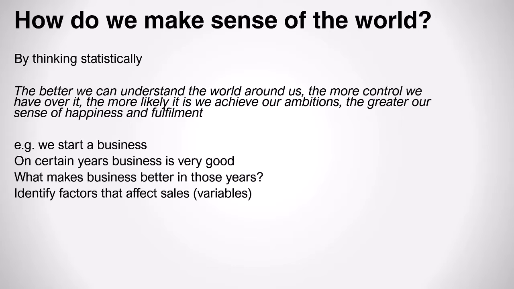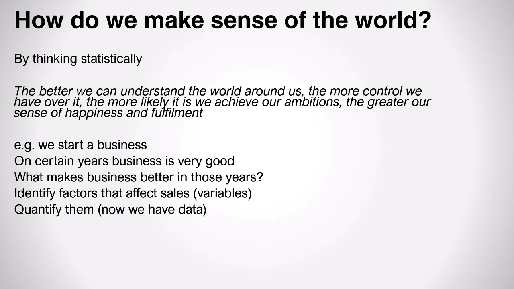Well, you would identify all of the factors that affect sales. They would be your variables, and you would try and quantify them. So if one factor that affected sales was the duration of the hot weather in summer, it's got to be a factor that affects flip-flop sales.